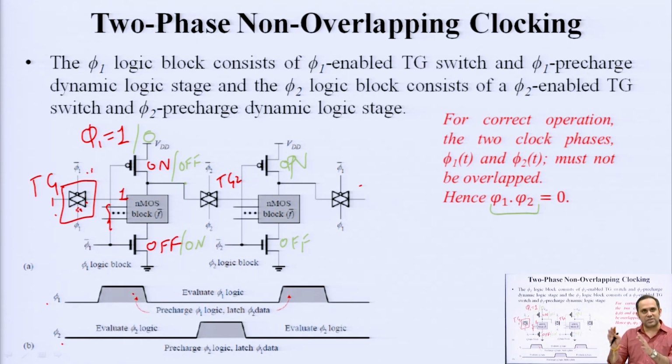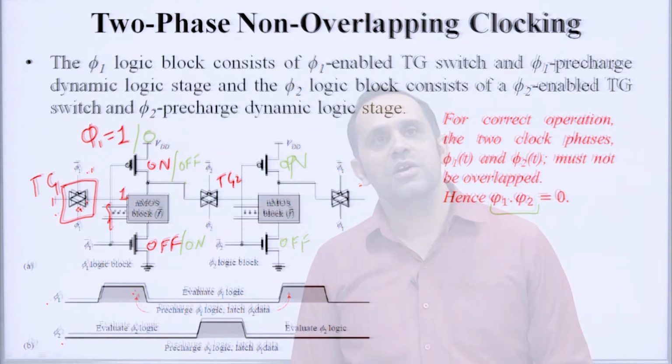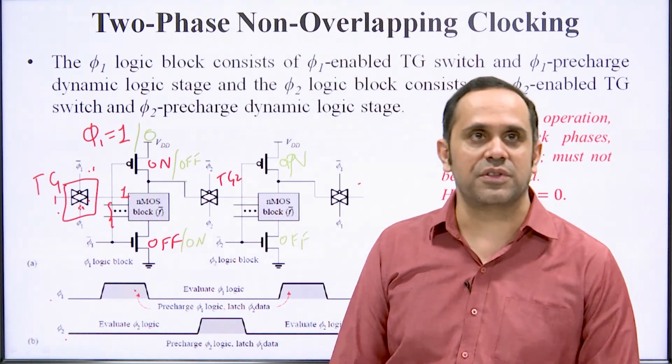So, you are isolating stages from each other and you are latching data in stages, might reduce speed a little bit, but signal integrity is maintained. So, this is known as two phase non overlapping clocking scheme. In addition to domino logic or np-CMOS logic, this is another way of solving the problem of cascading in dynamic CMOS devices.